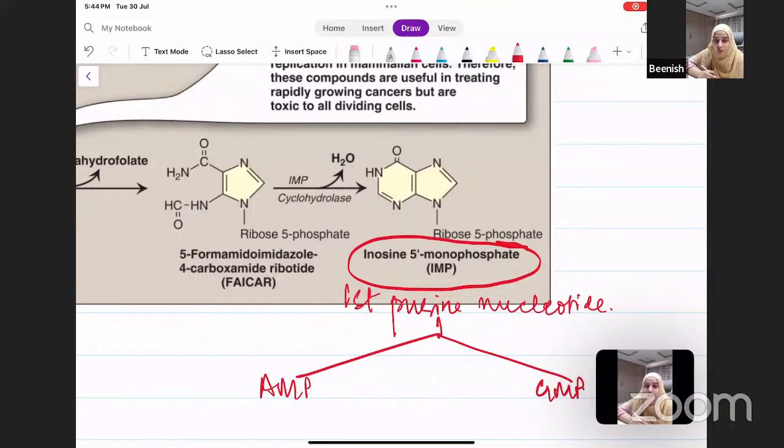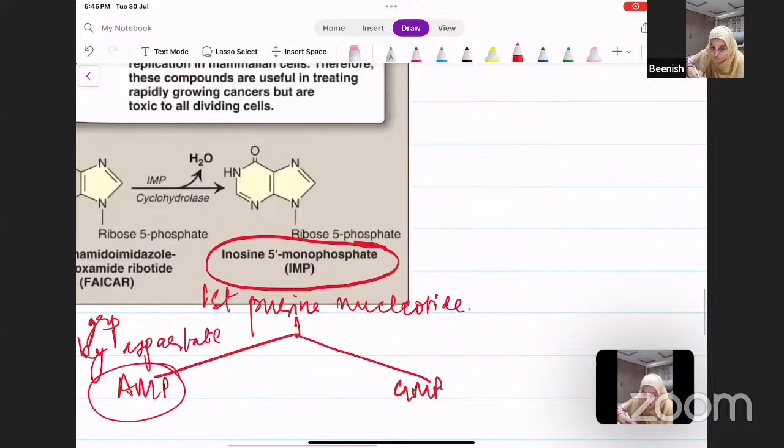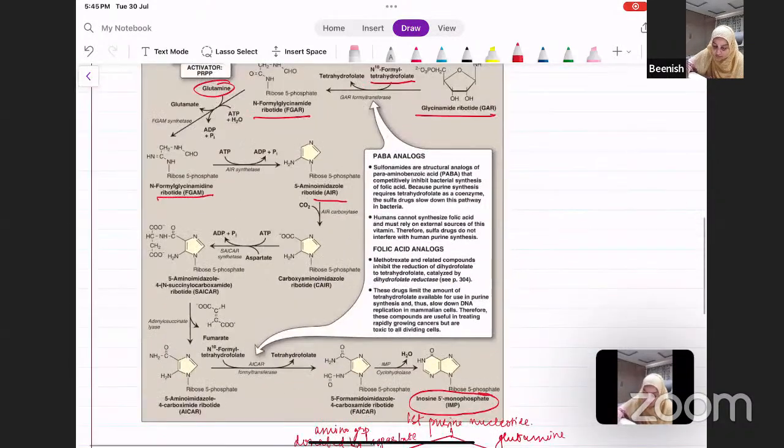If the amino group is donated by aspartate, you end up with AMP, that is adenosine monophosphate. And if the amino group is donated by glutamine, you end up with GMP. So I'll repeat this once again.